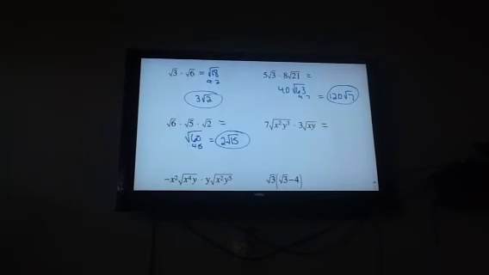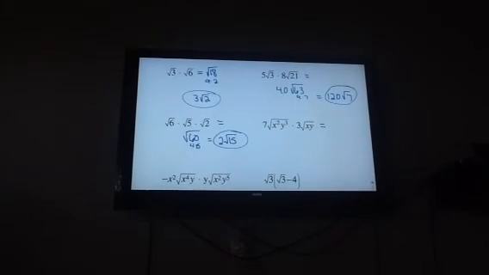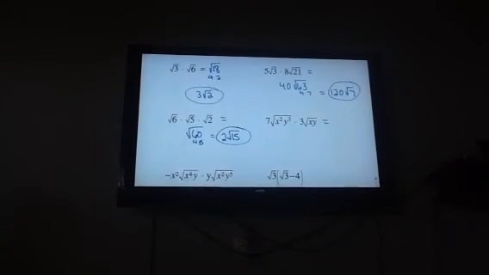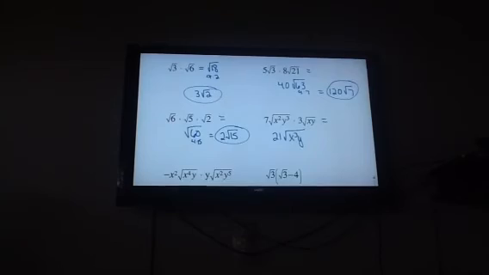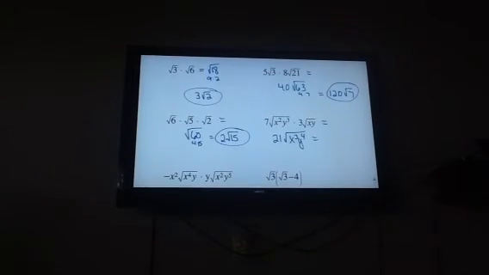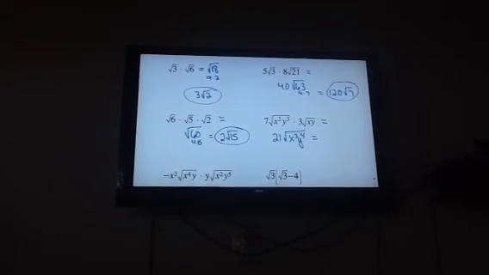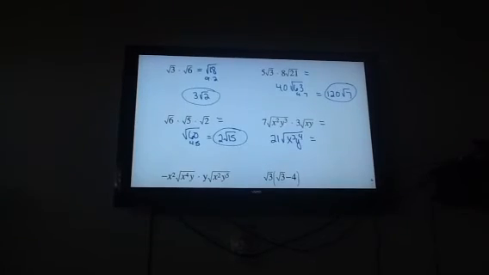Seven square root x to the third y to the third, times 3 square root x squared y to the third... is 21 square root x to the third y to the fourth. No coefficient inside, so we only have to square root our variables.